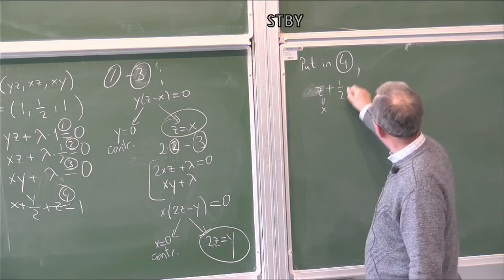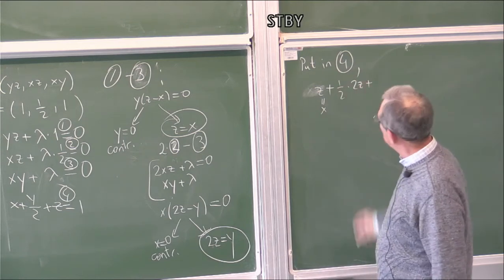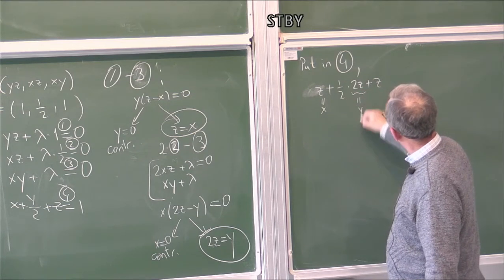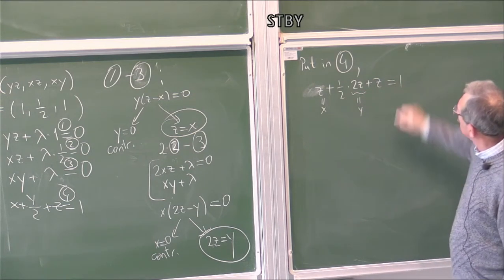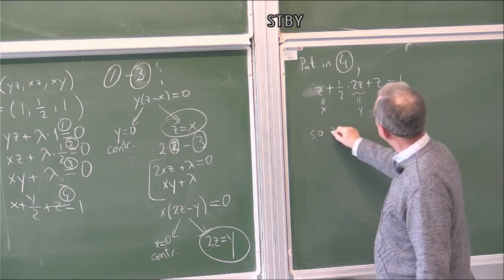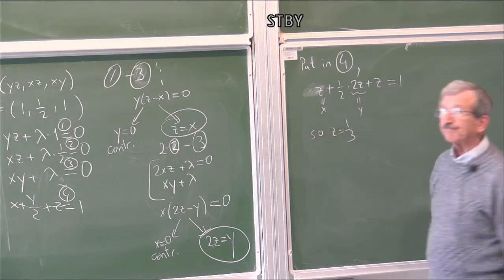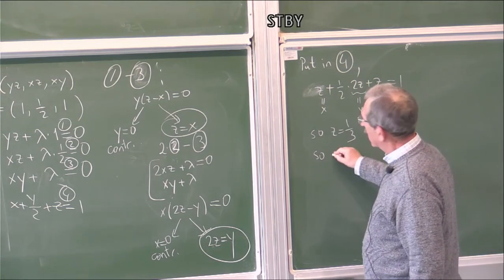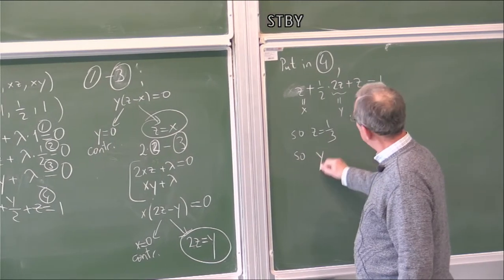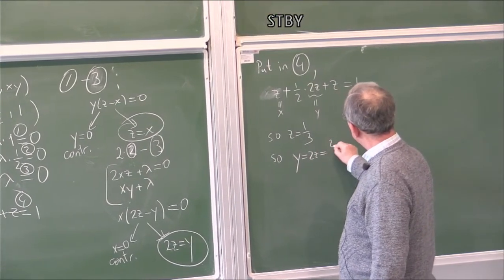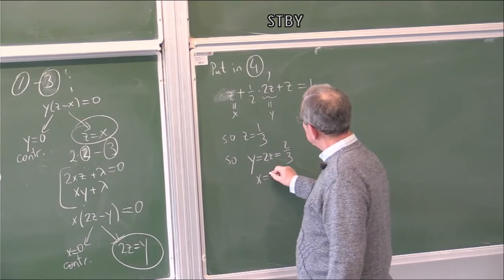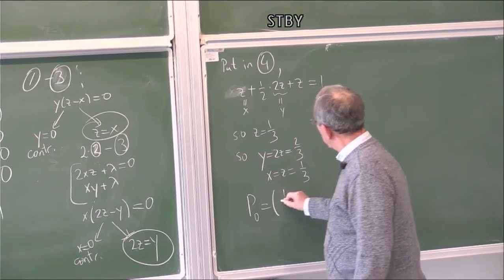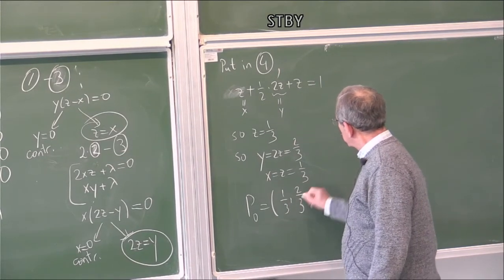So this is 1/2 times 2z plus z, equal to 1. So this says that z is 1/3. Well then, y is 2z, so it is 2/3, and x is z, so it is 1/3. So our point is 1/3, 2/3, and 1/3.